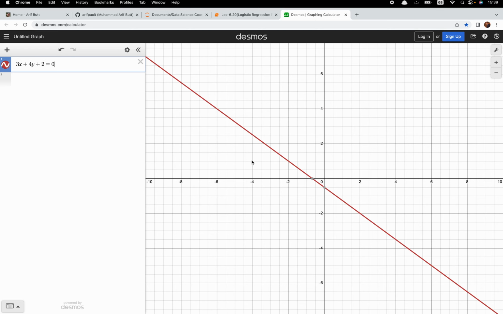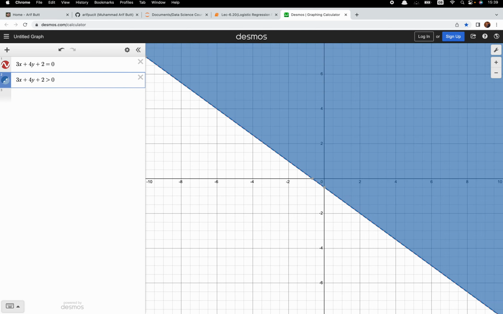So this is the line that I've just shown to you. Let me show you the regions. Let me say now 3x plus 4y plus 2 is greater than 0. So this is the positive region now. If you closely see, this is the positive region of this equation.